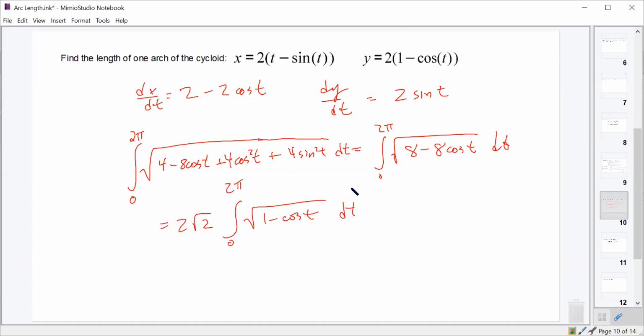And then what? How would we integrate that?